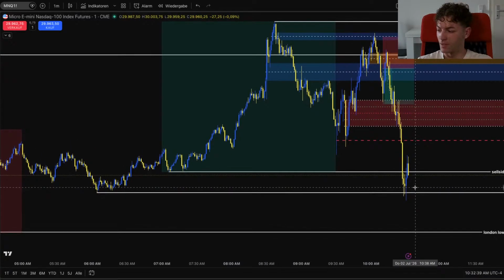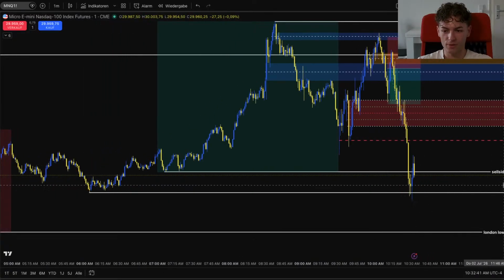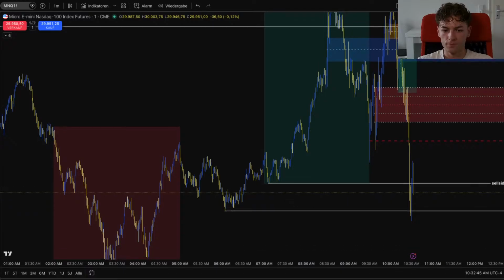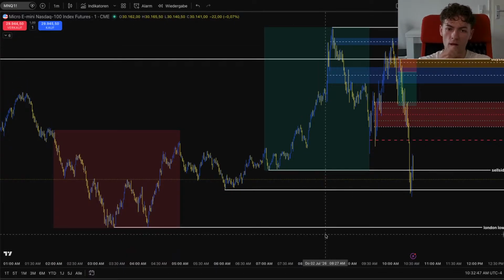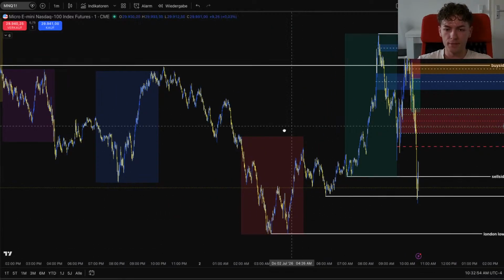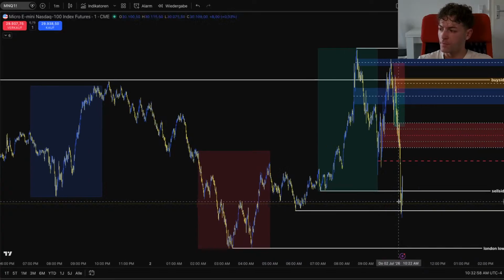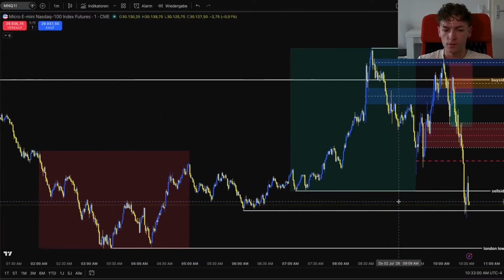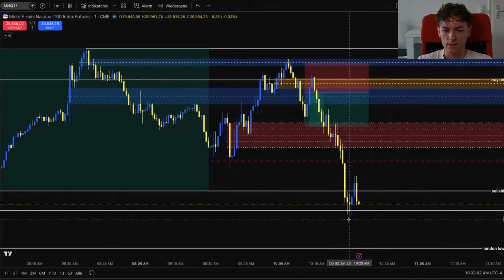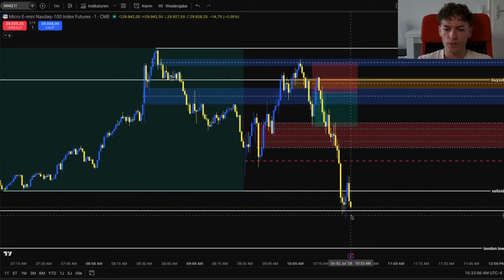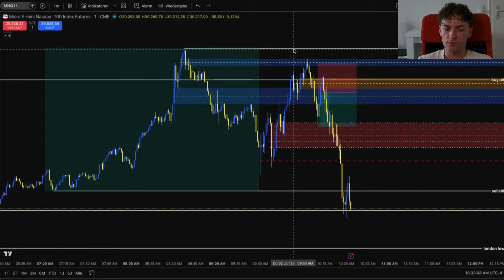Okay. So you call this price reverses from here. I mean, yeah, we've taken out sell side, but if you say that price is going to reverse from here, I would agree with you that we might see a bigger retracement, but I wouldn't say we are going to go for these highs right now from here.